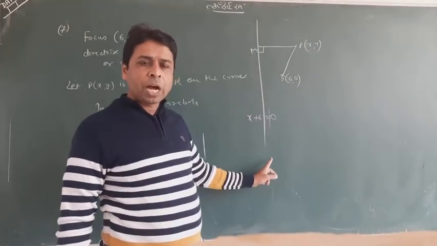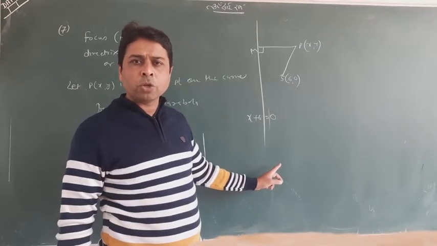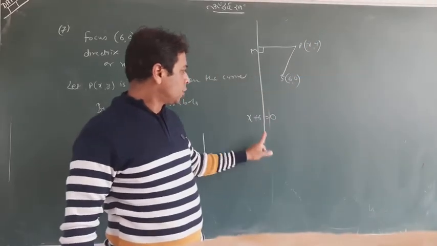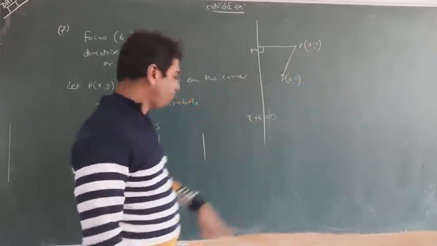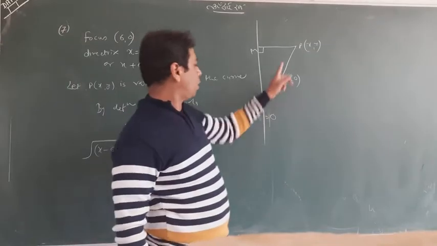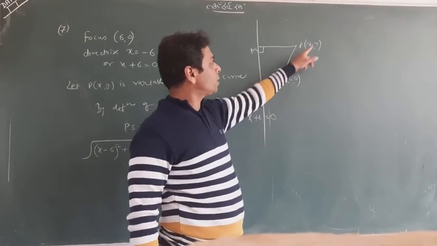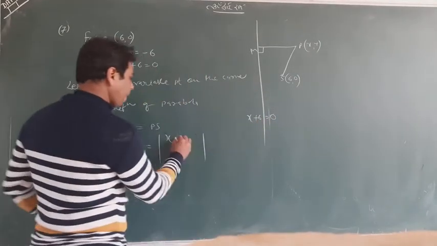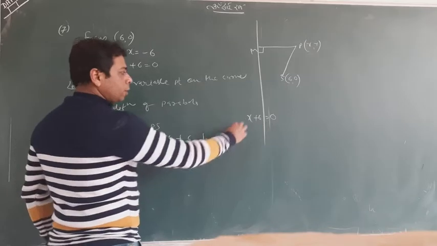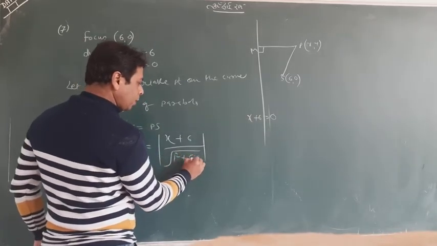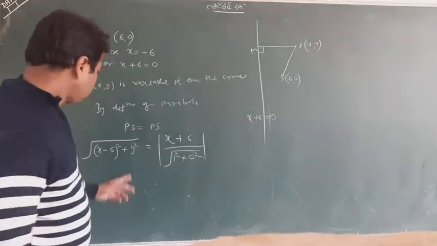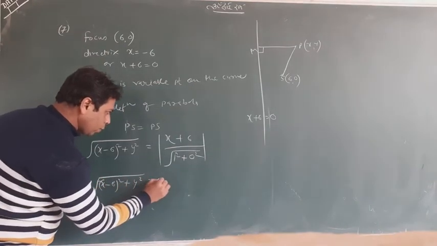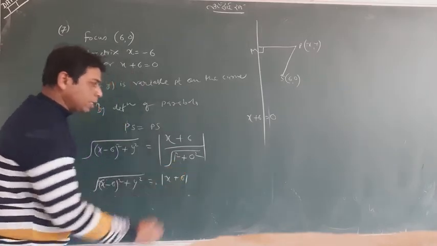Yesterday I taught you how we can find the perpendicular distance of a point from a line. We put x, instead of x we use this point's x, and y is not present here, so we cannot put it. Then plus 6 upon the square root of the coefficient of x, 1 square, plus the coefficient of y, 0 square. So the square root of (x minus 6) square plus y square equals x plus 6 only, because it is on the positive side.